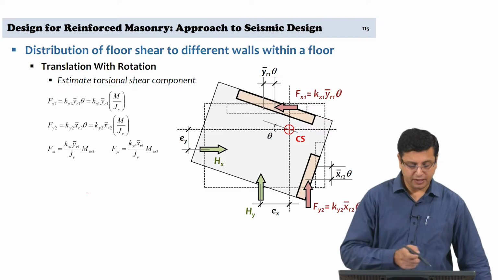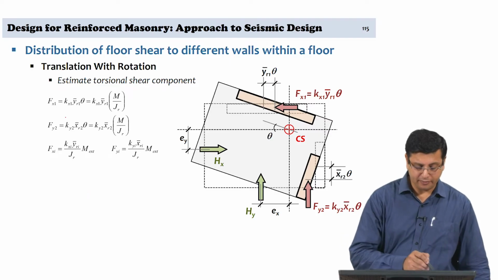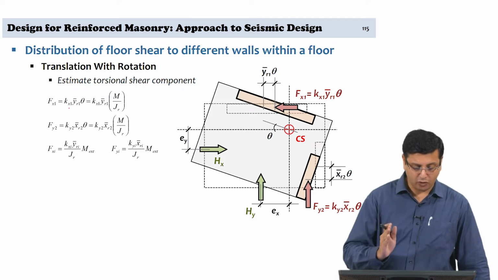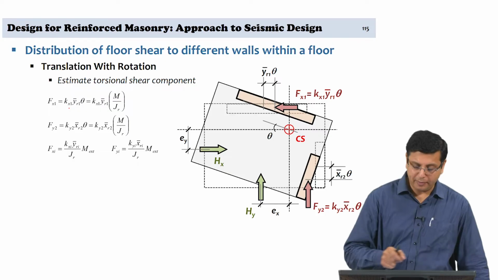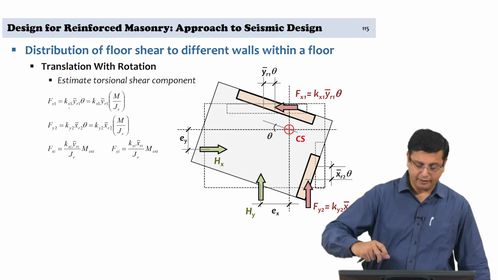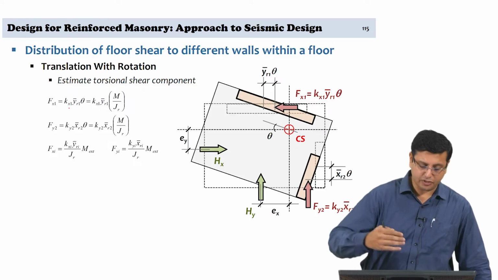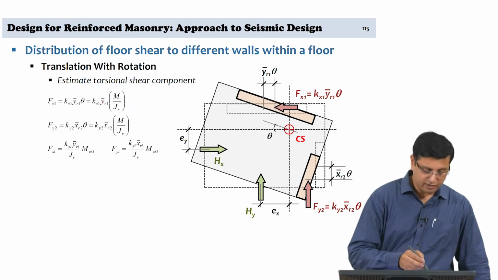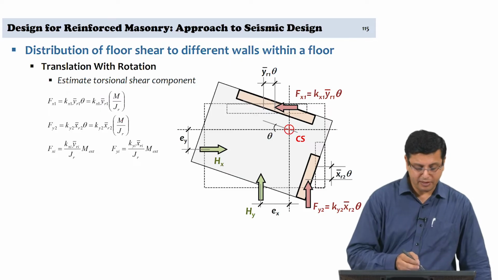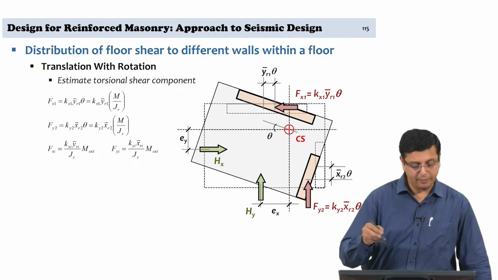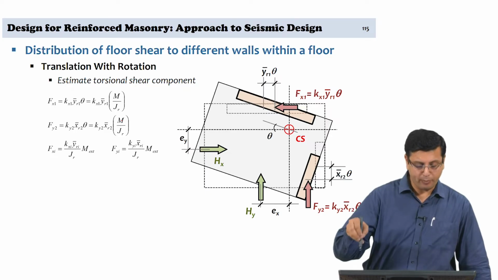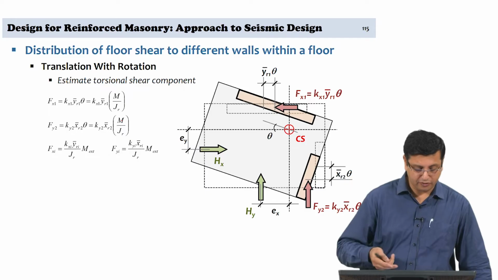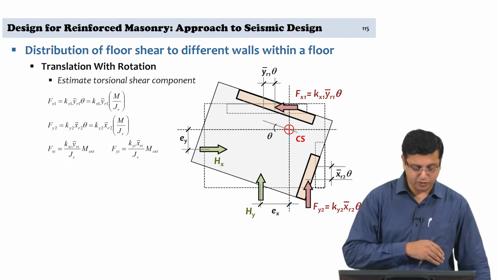So, the torsional shear component Fx1 is Kx1, the stiffness in the x direction of wall 1, into y bar r1 theta, that gives us the direction in which the force will act, and therefore, the estimate of Fx1 can be made in terms of Kx1 into y bar r1 into the externally applied moment divided by the polar moment of inertia of the plan configuration, and similarly Fy2 can be established.